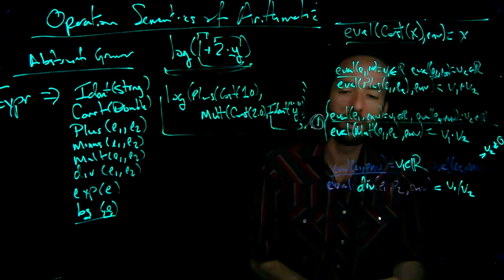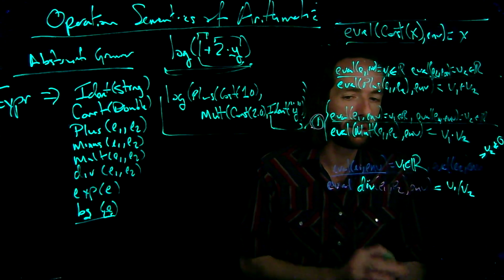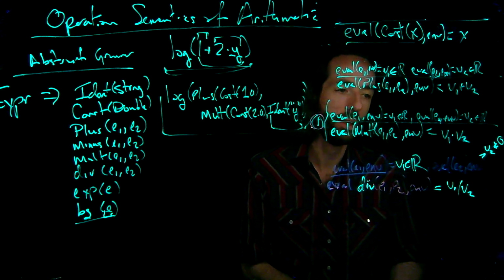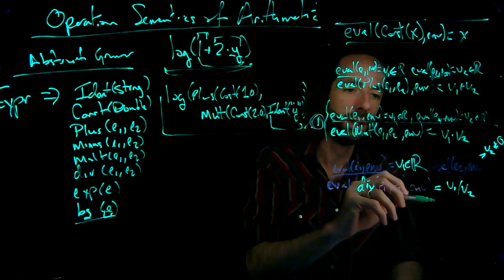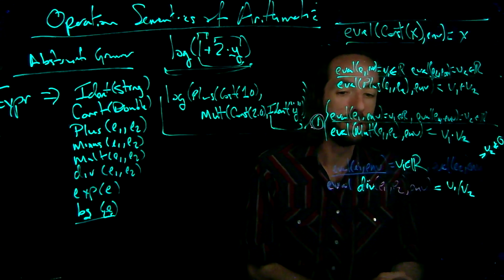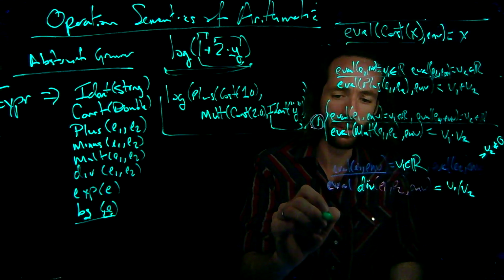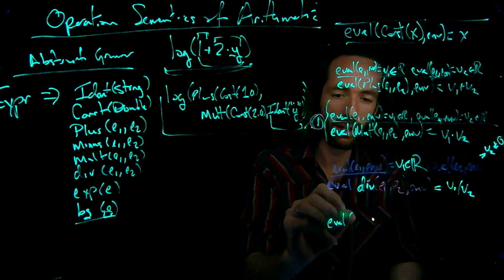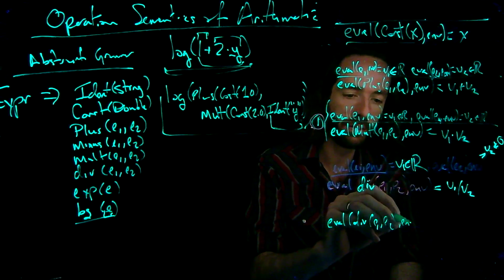And one thing you want to watch out for when writing these semantic rules is to make sure that you cover every single possibility. So here we have the case when e1 is a real number, and the case when e2 evaluates to a non-zero real number. But we also have to take into account the case of eval of division, e1, e2.